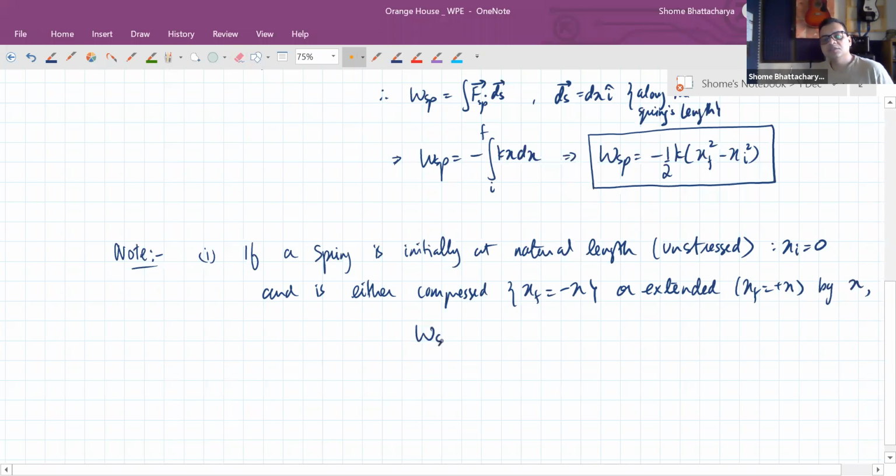Then the work done by the spring is negative of half kx square.